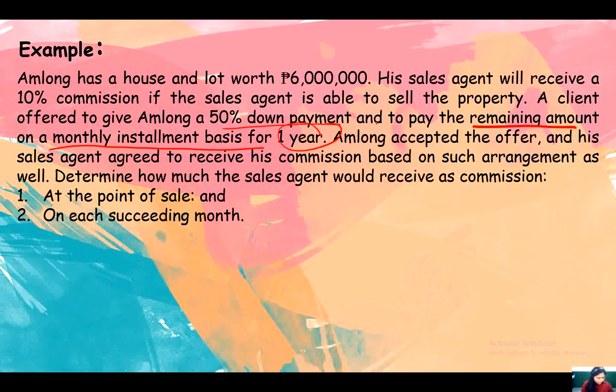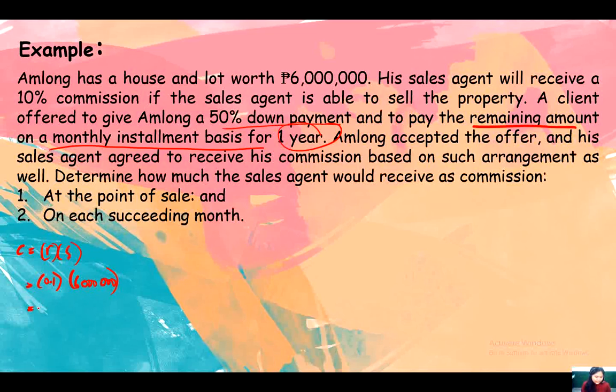So let's first get the commission of the lot worth 6 million. So we all know that commission is rate times the sales amount, where it is denoted by S. Our rate is 10%, which is equal to 0.1 times the sales amount, which is 6 million.